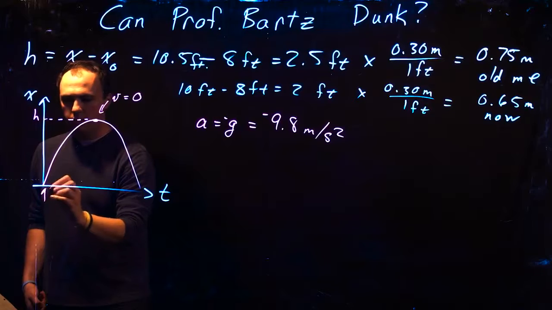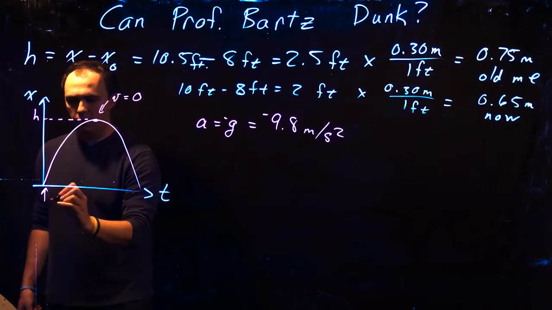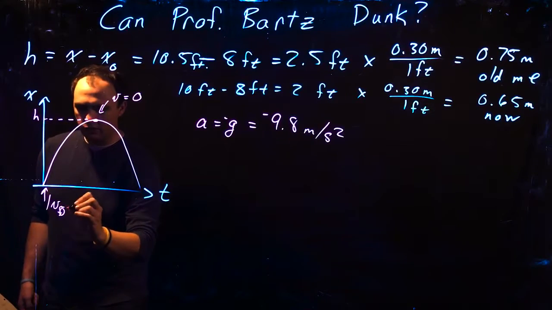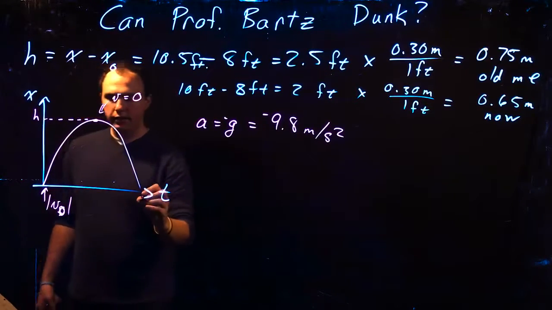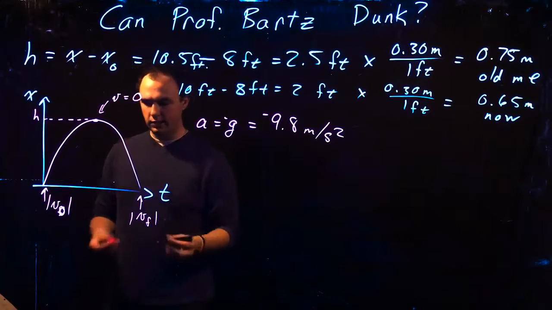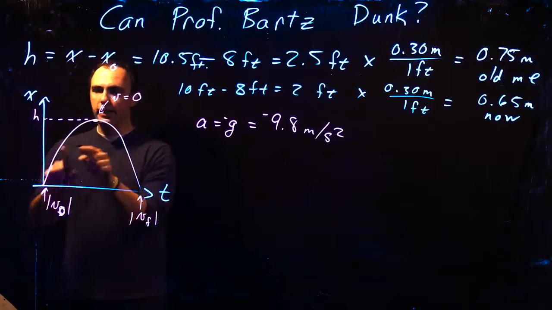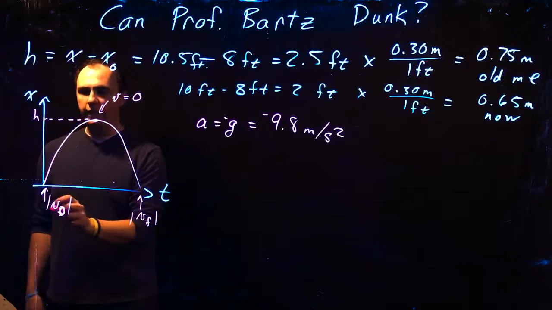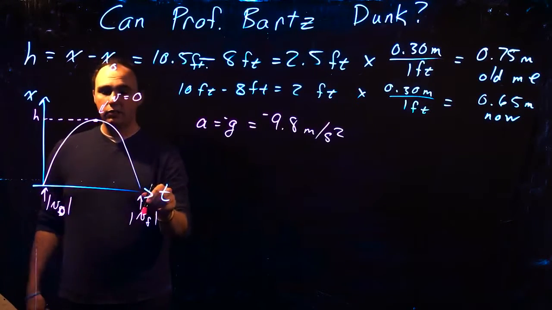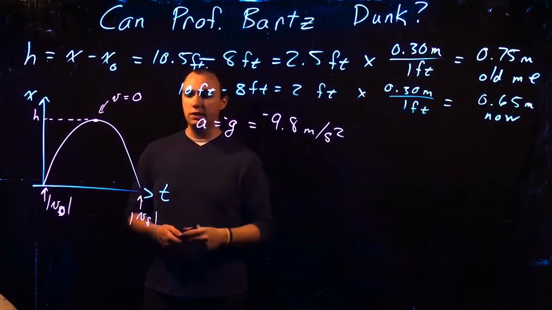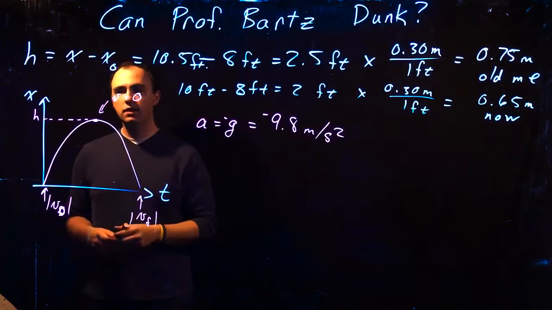I also know that this is symmetric, so the absolute value of my initial v0 is going to be equal to the absolute value of my final velocity, right? And that's true for any points in between. So here I have positive initial velocity, when I land, my landing speed is the same as how I took off. It's just going to be a negative sign.